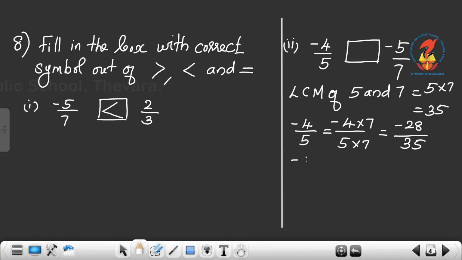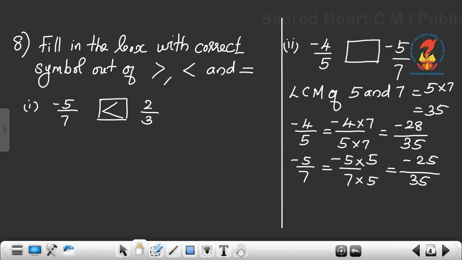Then the next one, negative 5 by 7 equal to negative 5 by 7 into 5. So we have to make the denominator as 35, so 7 into 5. Therefore negative 5 also into 5, negative 25 by 35. Therefore we have to compare negative 28 by 35 and negative 25 by 35.